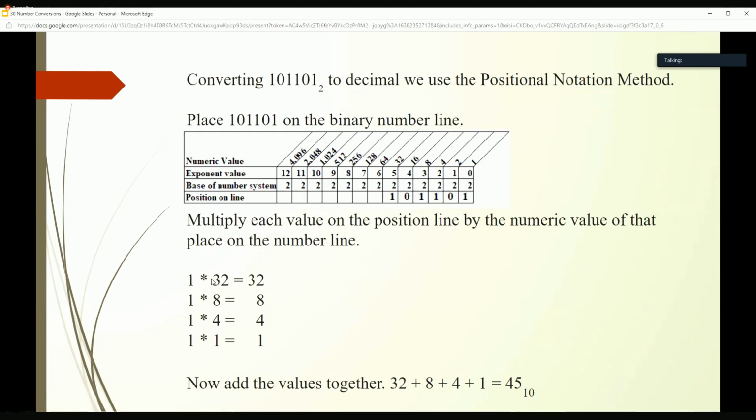That's what they've done here: they've taken the columns that have a 1 in them, weighted 32, 8, 4, and 1, to give us a total value of 45. So it's pretty easy. It's not that difficult. It's just some simple addition and making sure that you get the weighted columns right.